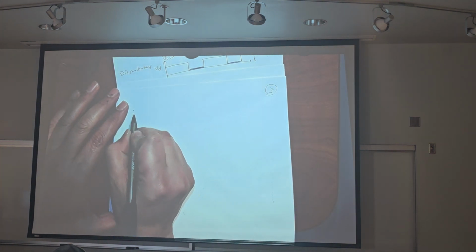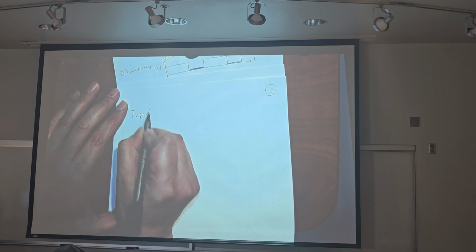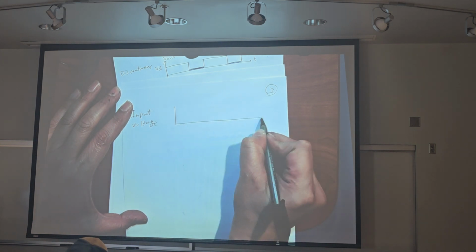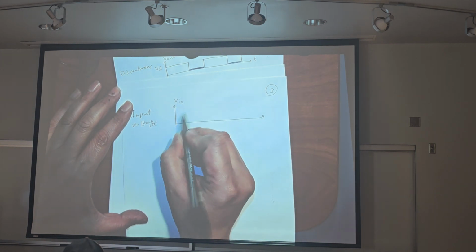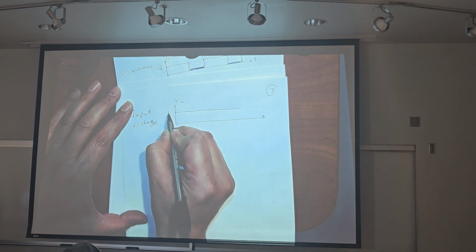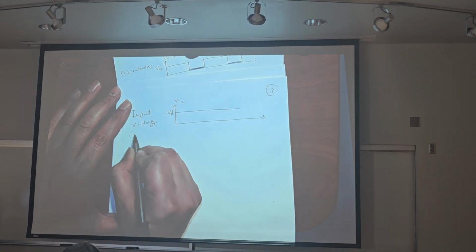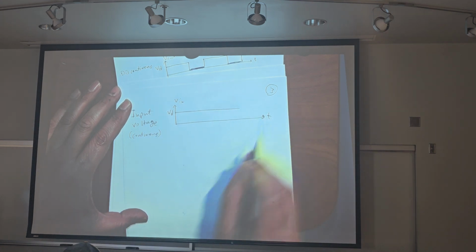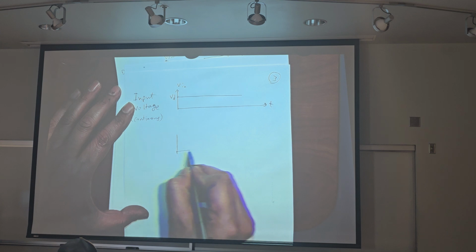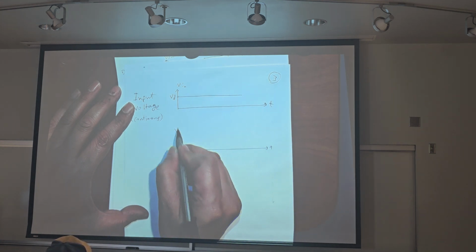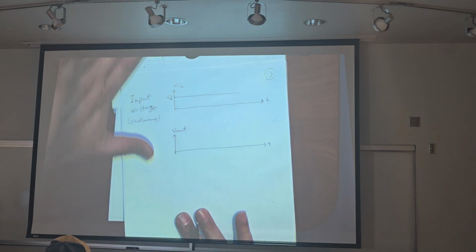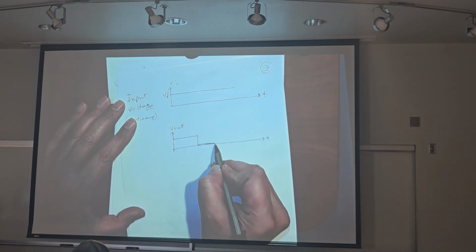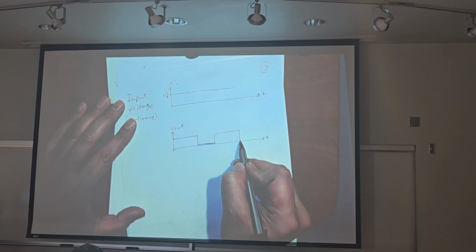The input voltage, V input, VD, we say this is continuous, and the output voltage, V out, is on, off, on, off.